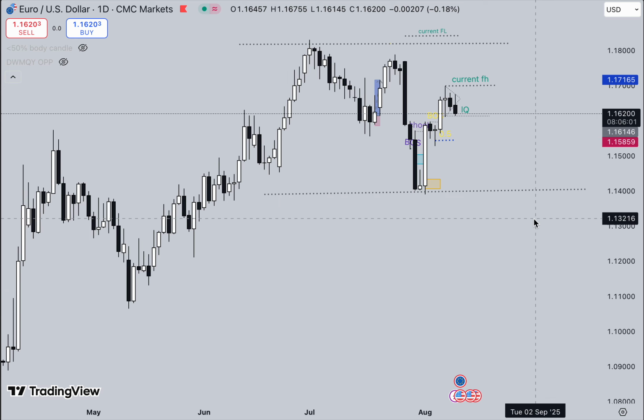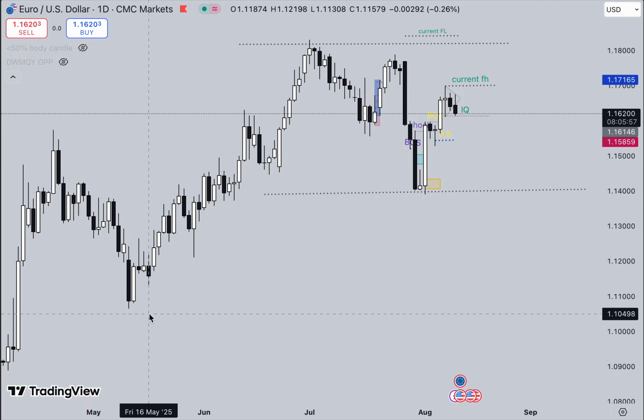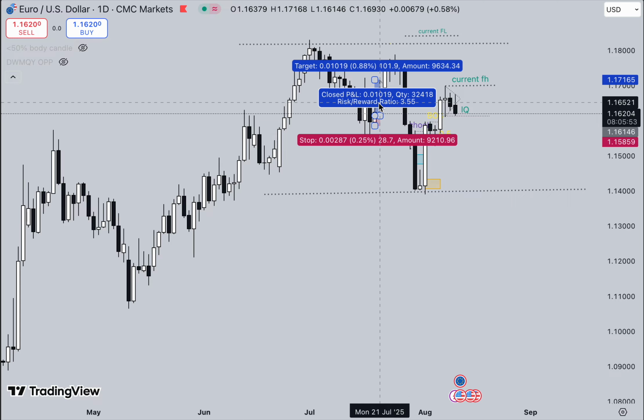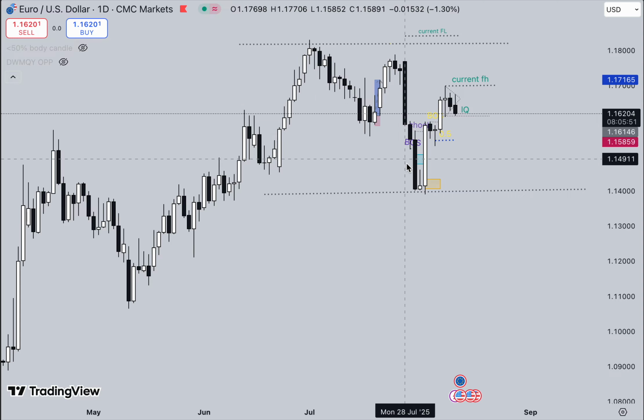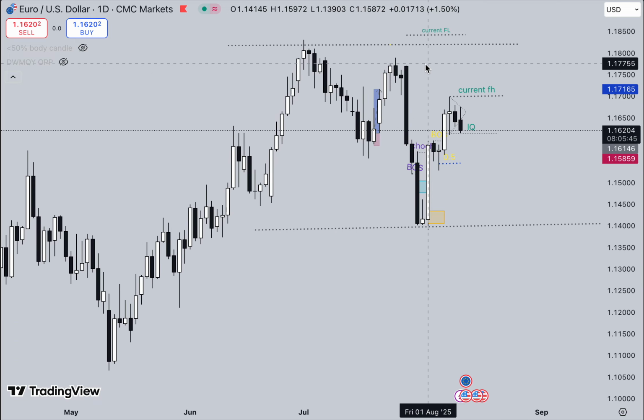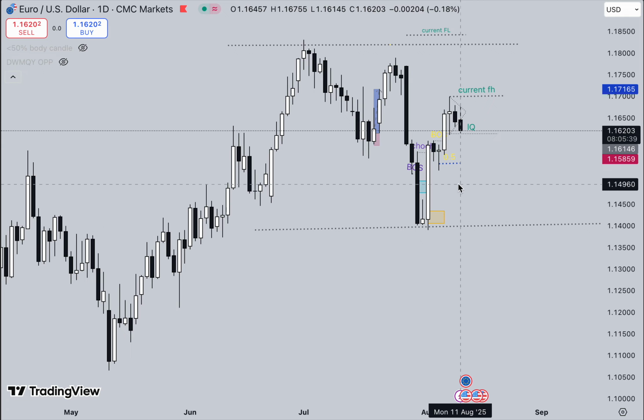Okay, so for last week, remember we had the swing low, we pushed up, and now we're retracing. If you look at our daily, here's our daily fractal high. Here's our fractal low.